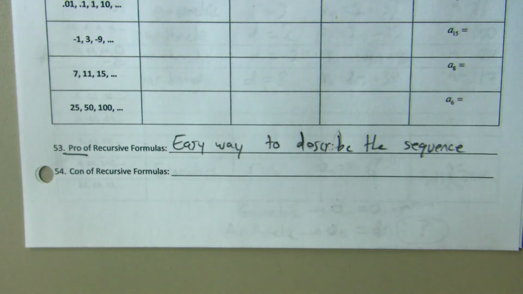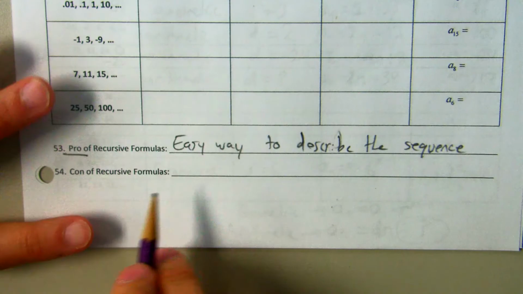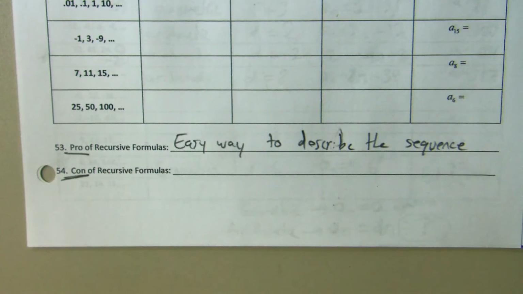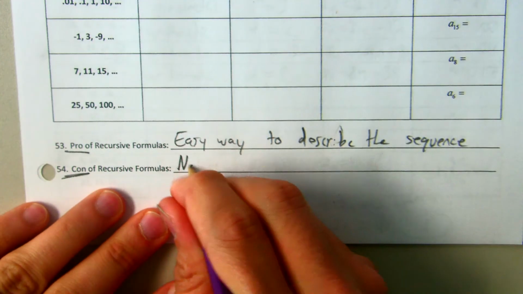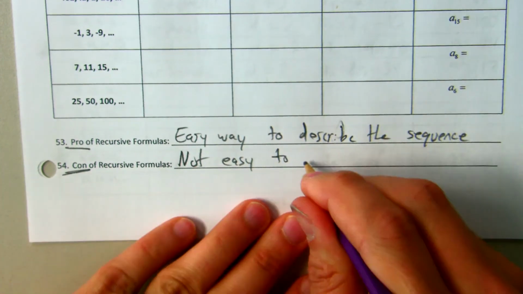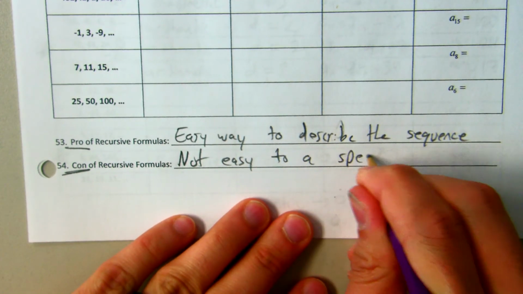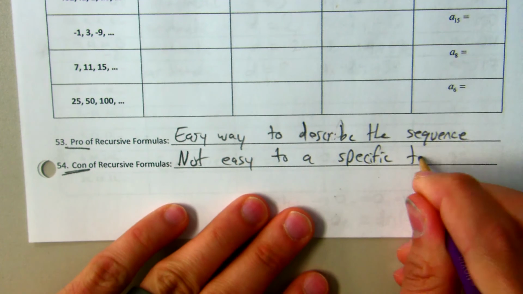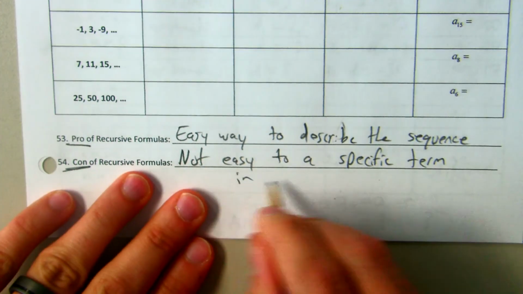Kind of makes sense if you're just saying what happens next. You're using math terminology, math notation to do that. But definitely the big disadvantage is it's not easy to find a specific term in the sequence.